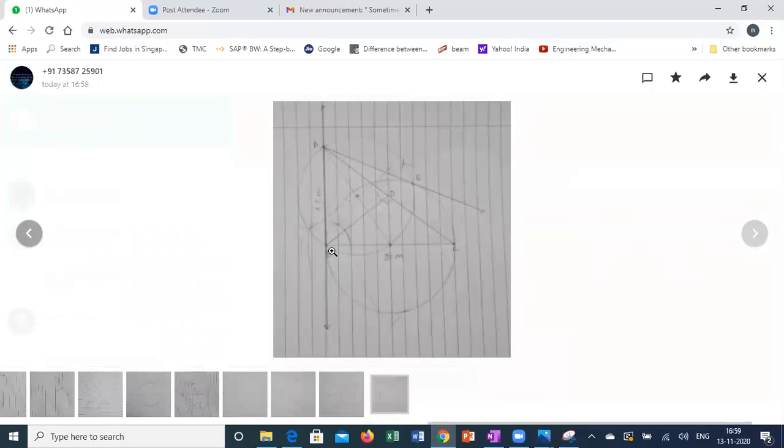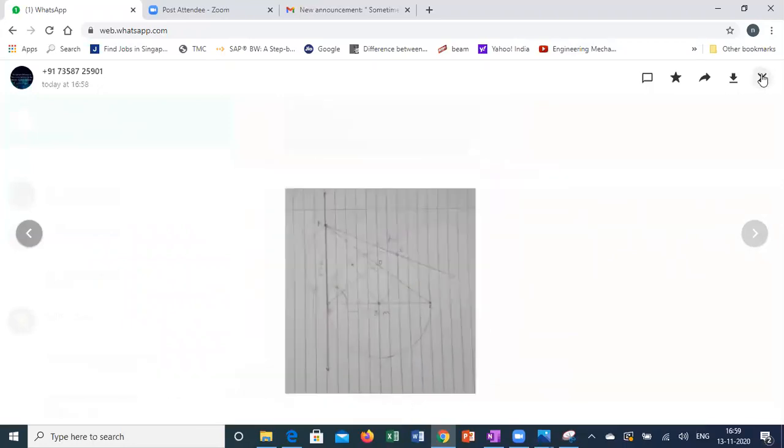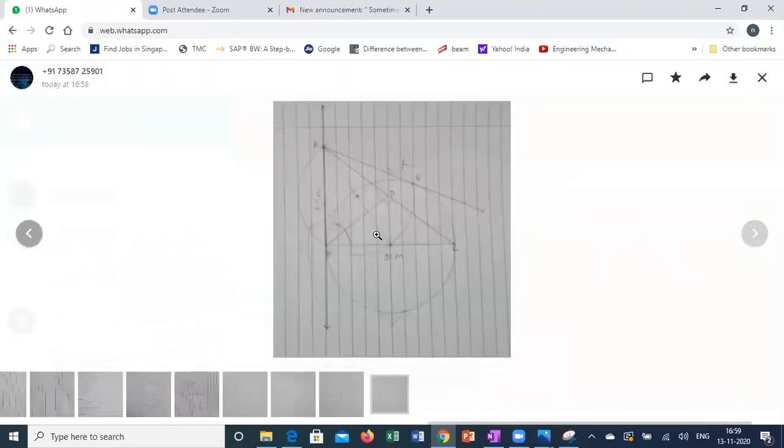So write it. Correct. But the triangle you have to show with the same thickness. ABC should be one thickness. This circle will be the same thickness, the rest of the things a little bit light, and the tangent should be a little more thick. Okay, sir.